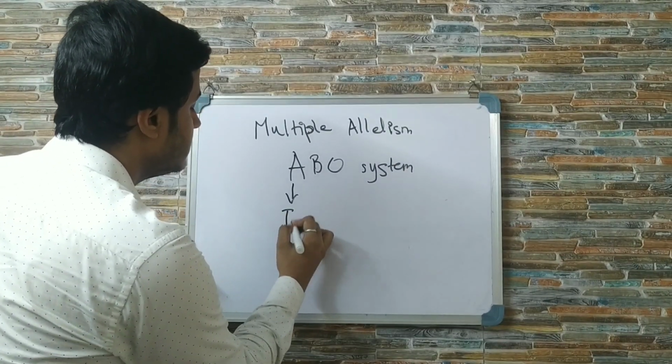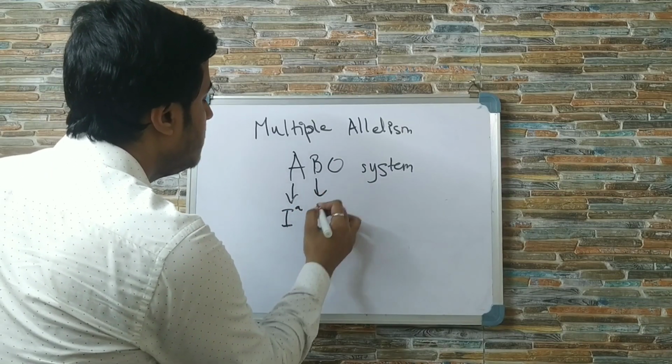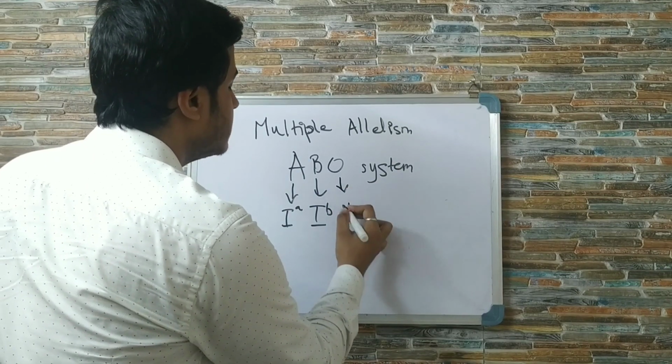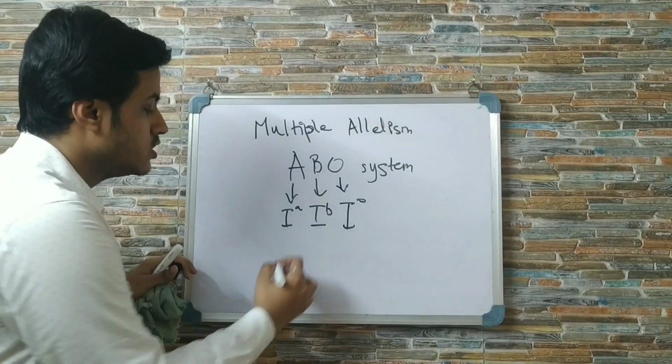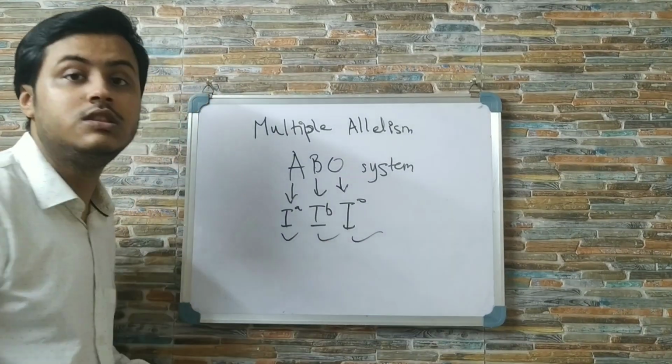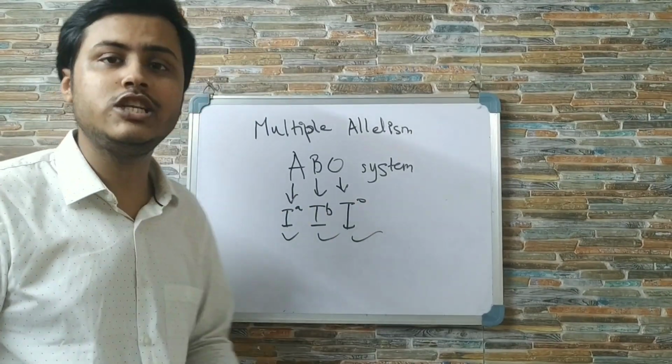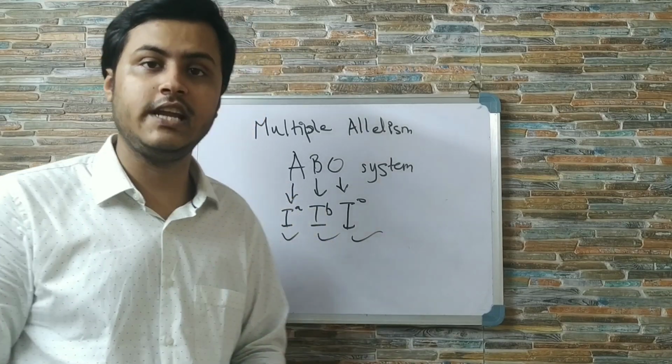A is represented by I^A, B is represented by allele I^B, and O is represented by I^O. So you can see that there are three different allele forms, out of which only two are represented, right?